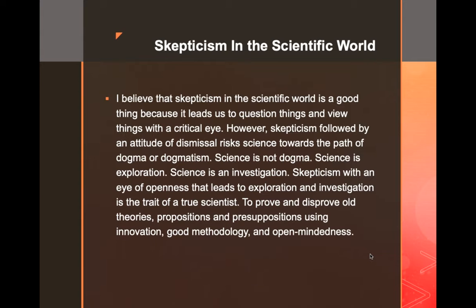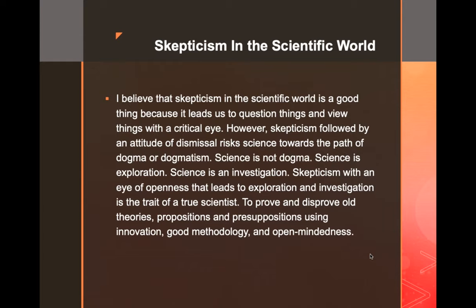And science, remember, is not a dogma. It is an exploration. A dogma is an axiomatic, strict type of teaching, and that's it. Period. Right? But science is exploration. So if someone is assessing or exploring something that's contentious, you have to have an open mind and look at it with an eye of openness that leads to exploration and investigation.